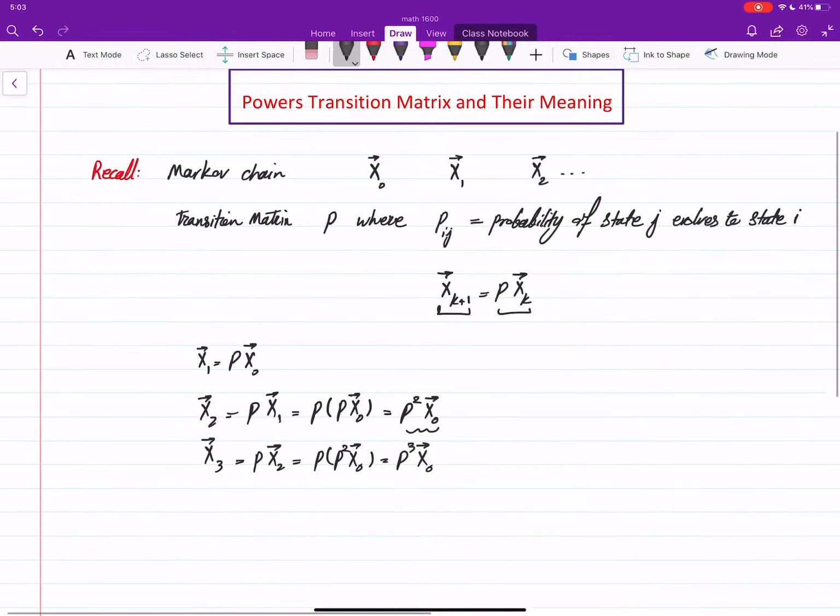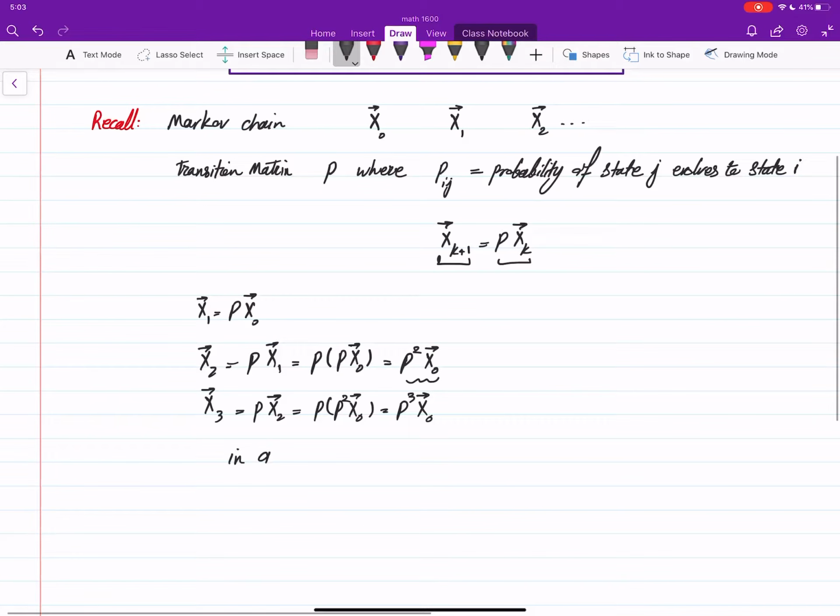And in general, you can see that x_{k+1} is equal to P to the power k+1 of x0. You see here, x1 is P to the power 1 x0, x2 is P to the power 2 x0, x3 is P to the power 3 x0, and so on.